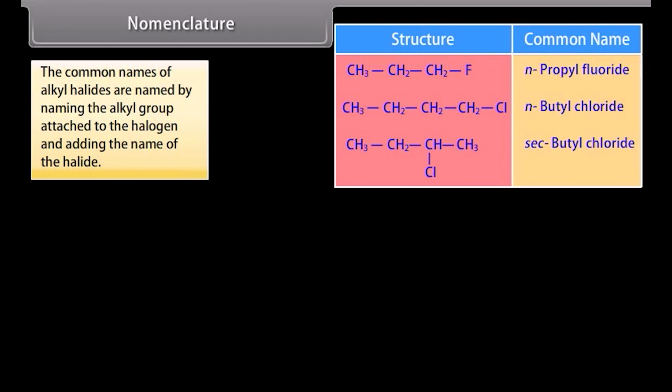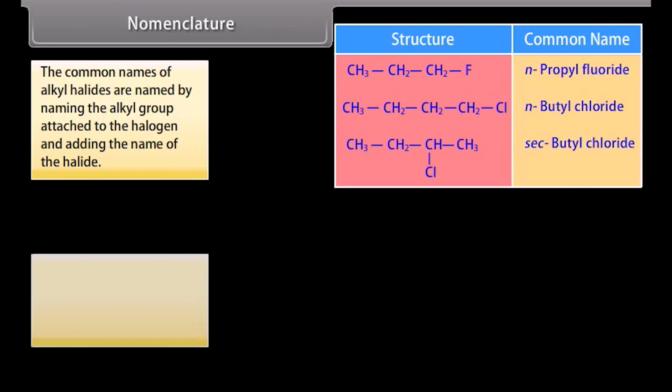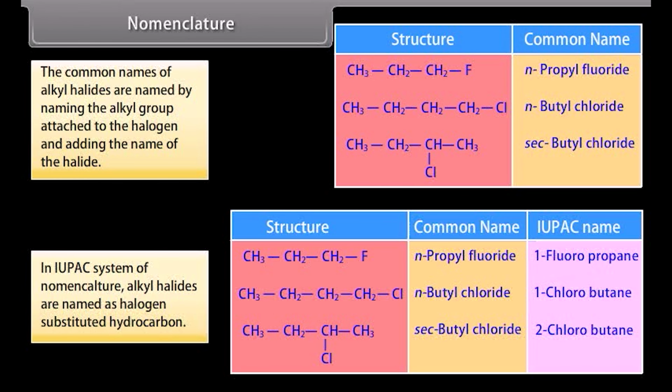Nomenclature. The common names of alkyl halides are given by naming the alkyl group attached to the halogen and adding the name of the halide. In the IUPAC system of nomenclature, alkyl halides are named as halogen substituted hydrocarbons.